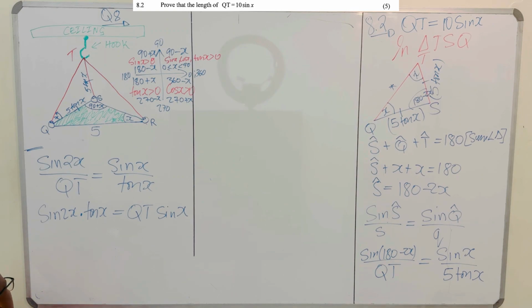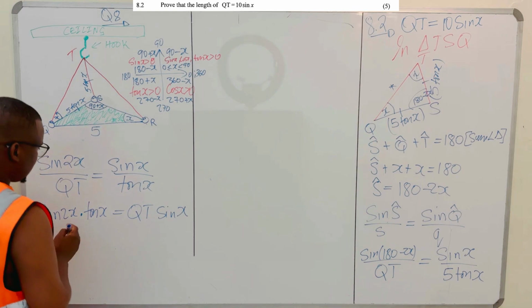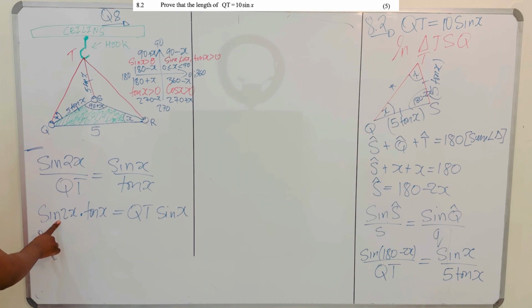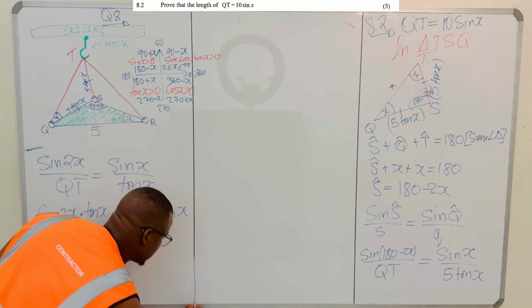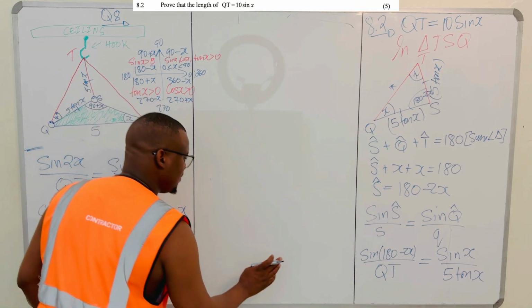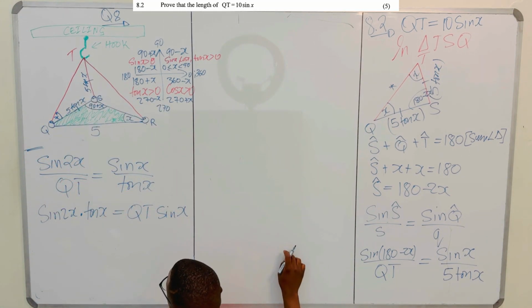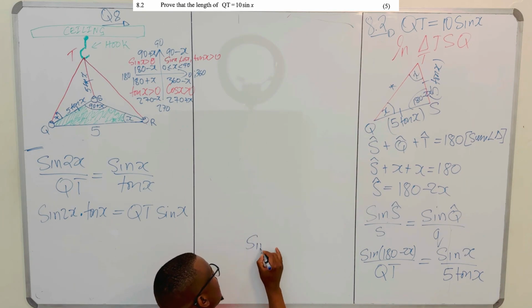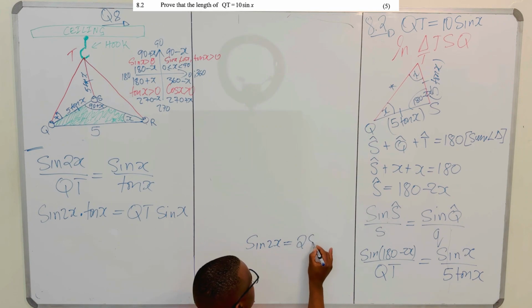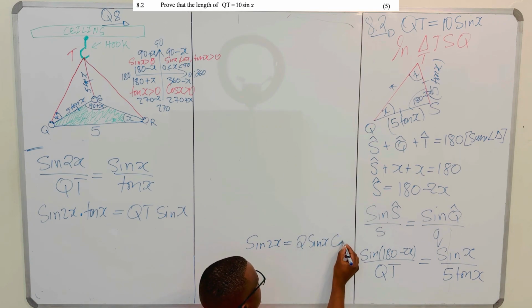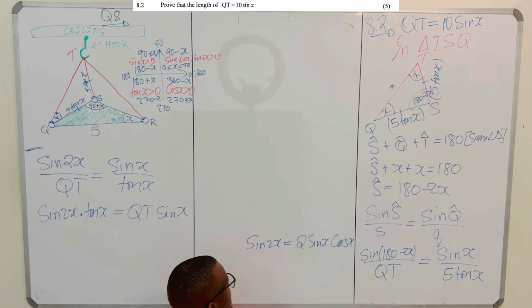Then what you need to remember now is that this is a double angle identity, and you know what this is. Let me just write it somewhere here. You might remember that sine 2x has this identity: 2 sine x times cos x, right?